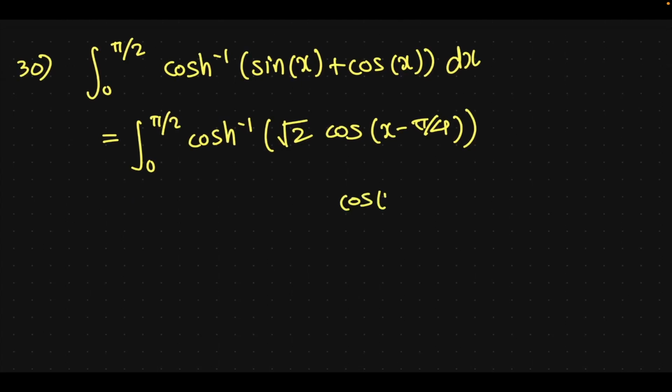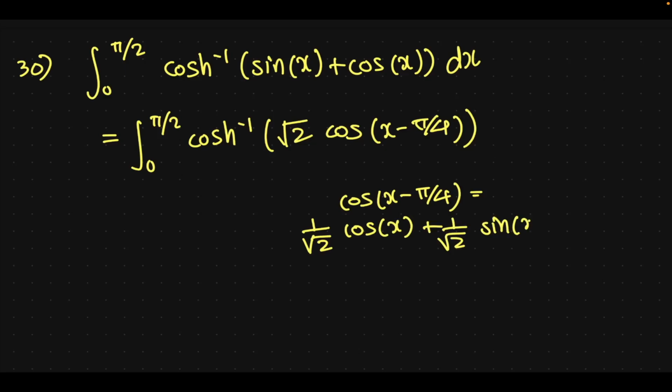We've used cosine of x minus pi over 4 is 1 over square root 2 cosine x plus 1 over square root 2 sine x.